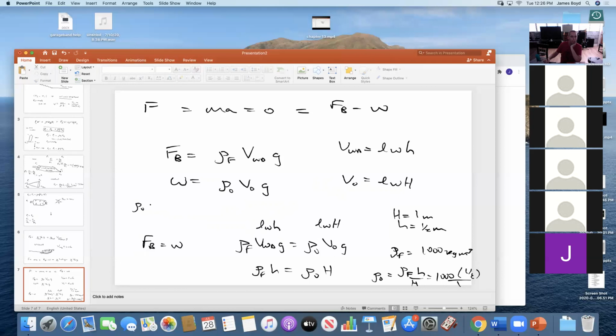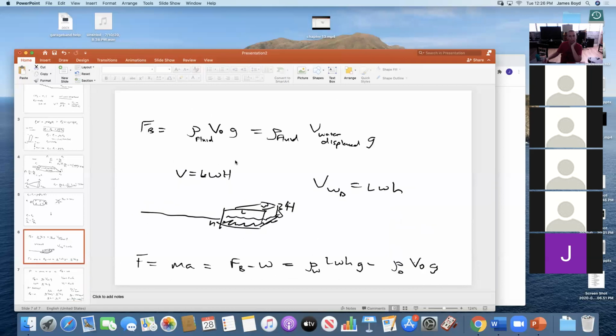So rho of the object is 500 kilograms per meter cubed. And you can see from here that it has to be less dense than water in order to float. If it's floating, it's less dense than water. We know that water has a density of 1,000, and it has a density of 500.